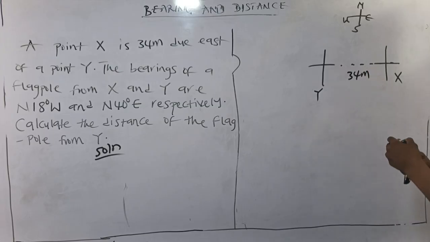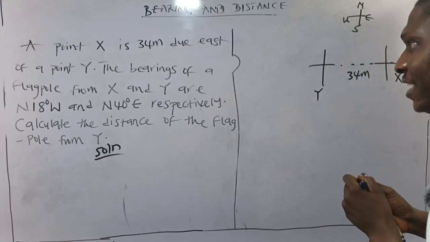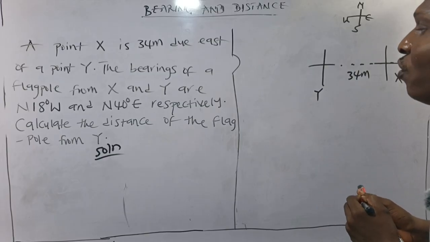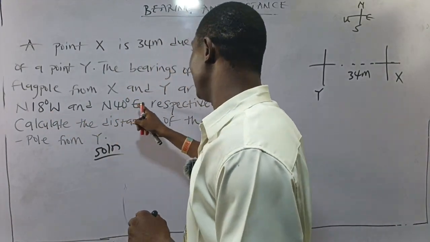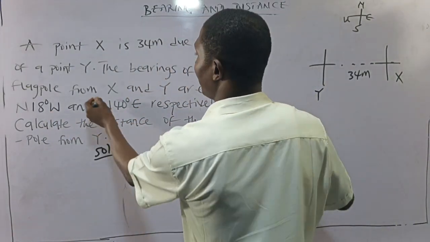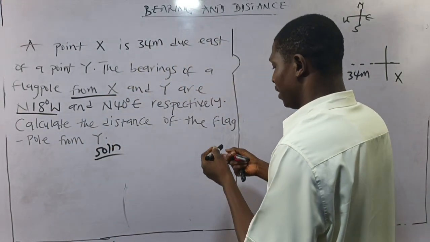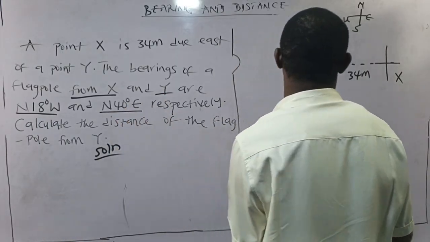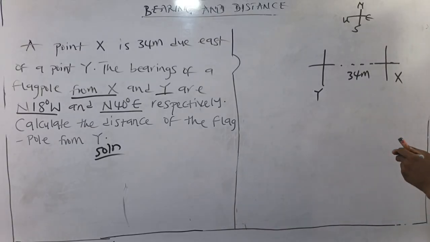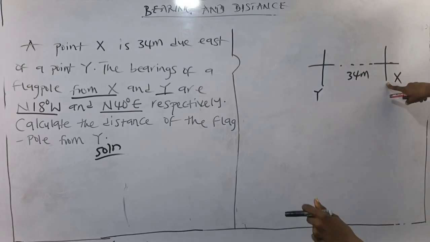And the distance is 34 meters. Now again it says the bearing of a flagpole from X and Y are N 18 degree W and N 40 degree E, respectively. So from X we have N 18 degree W, and from Y we have N 40 degree E. For my X, the bearing is north, 18 degree west.